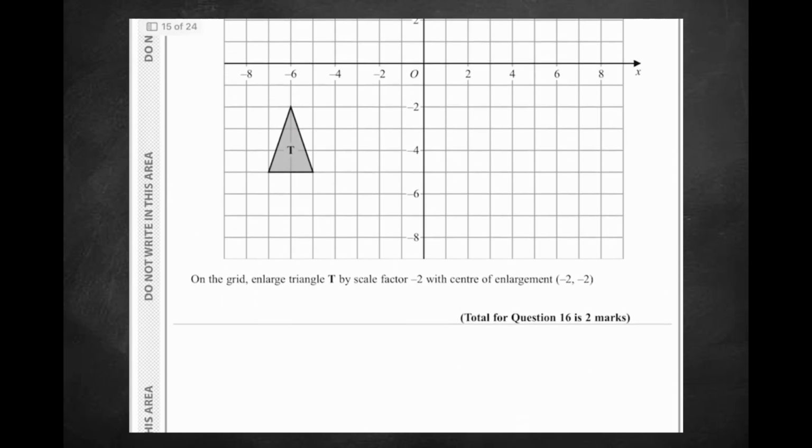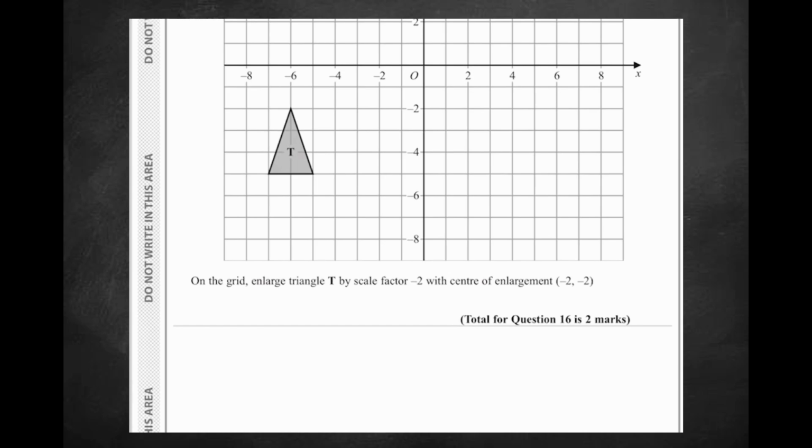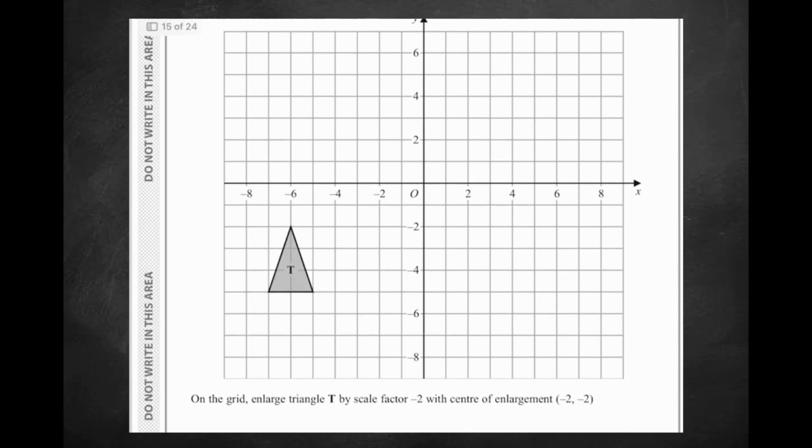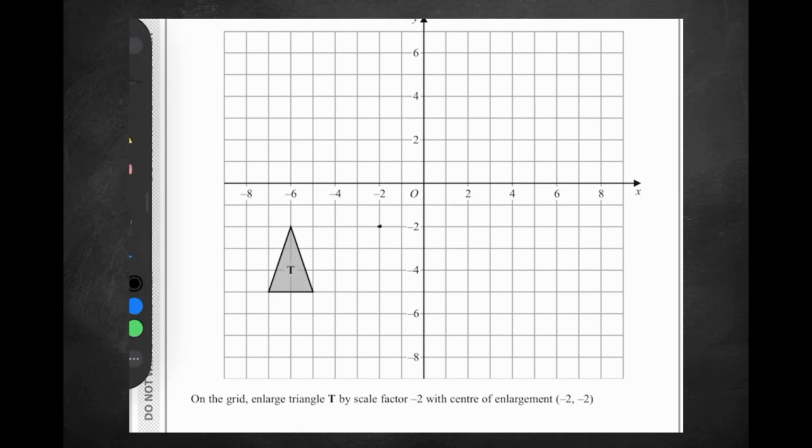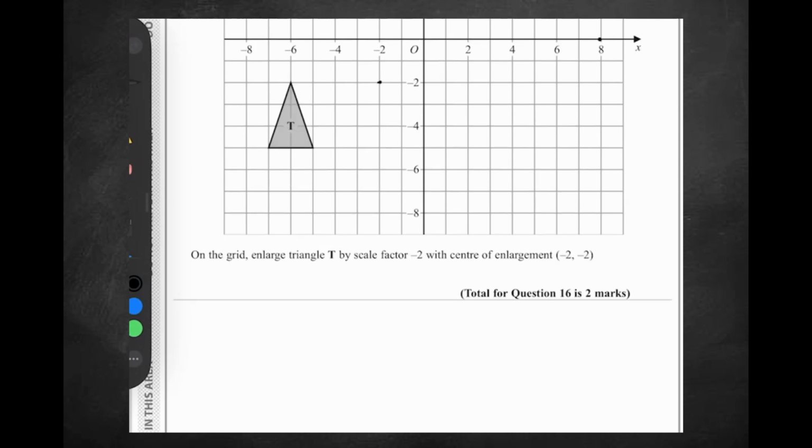Question number 16. On the grid, enlarge triangle T by scale factor -2 with center of enlargement -2, -2. So -2 is just going to be here. So we essentially need to enlarge T in the top right direction. So we know that the gap currently, let's call these points A, B, and C. So the gap between B and C is currently 2 squares, and we're going to enlarge it by scale factor -2.